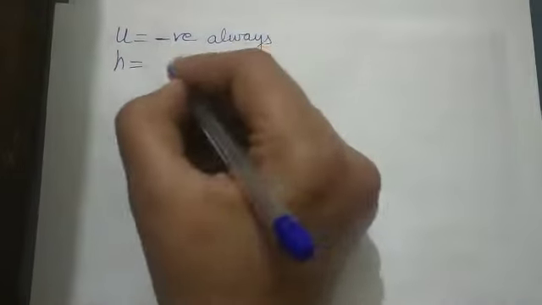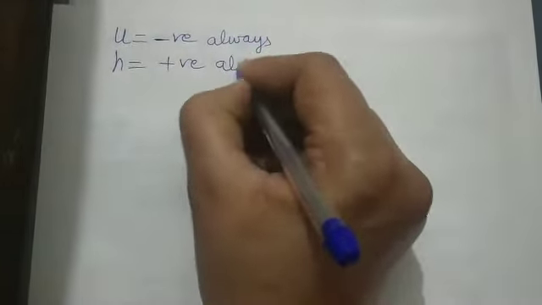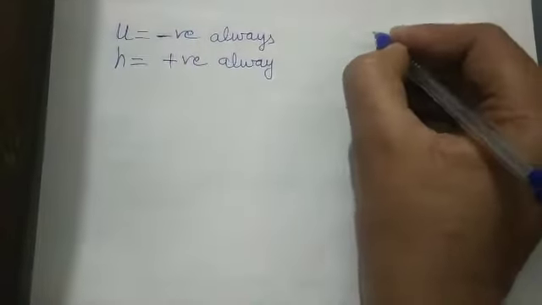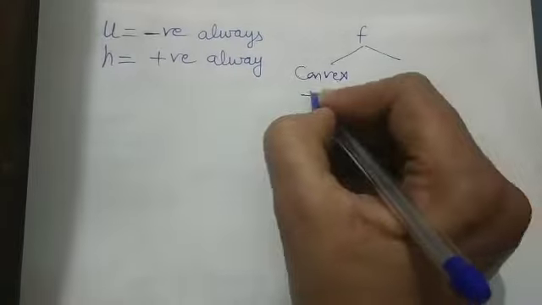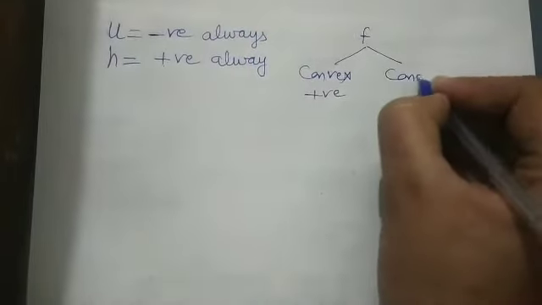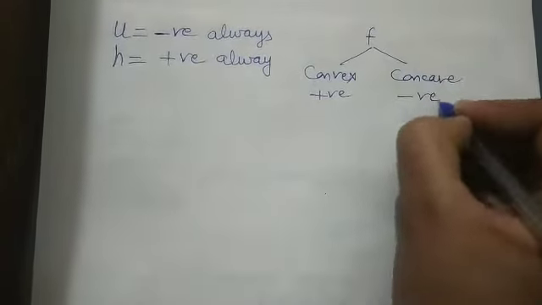So in short, how can you conclude? U is always negative. H, height of object, is always positive. F, focal length, if it is convex, it will be positive. If it is concave, it will be negative.